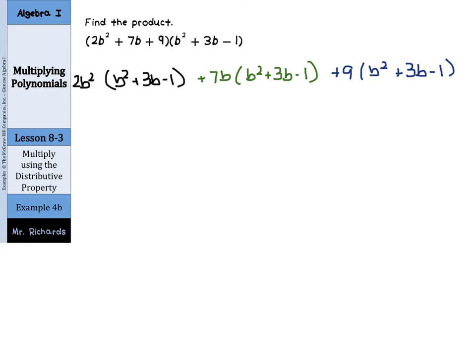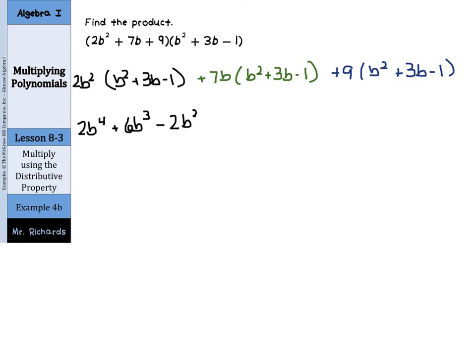So 2b squared times b squared is 2b to the 4th. 2b squared times 3b is 6b to the 3rd. And then 2b squared times negative 1 is a minus 2b squared. Next, we have 7b times b squared.